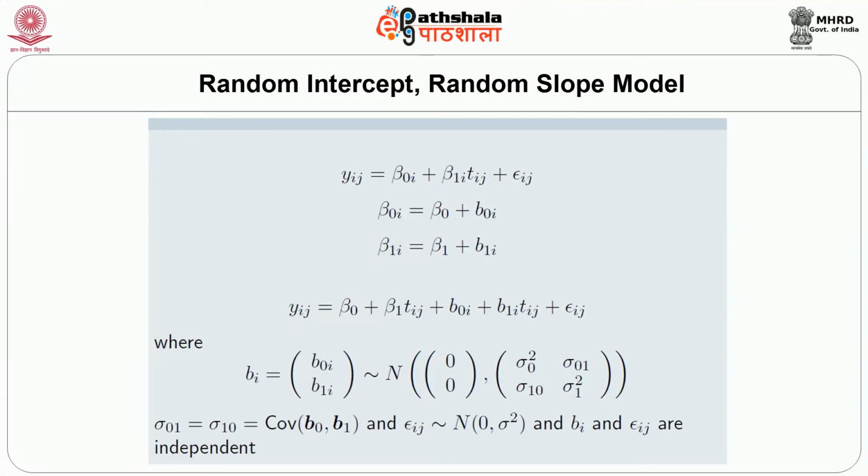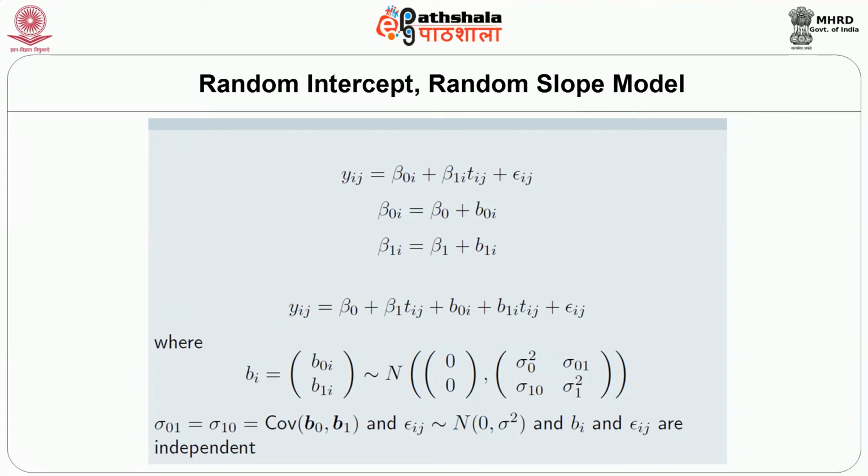Now the variation due to the ith subject in both the intercept and the slope is assumed to be normal, so jointly they follow a multivariate normal with zero mean vector, and the variance matrix has sigma naught squared and sigma 1 squared at the diagonals, and sigma 01 and sigma 10 at the off diagonals.